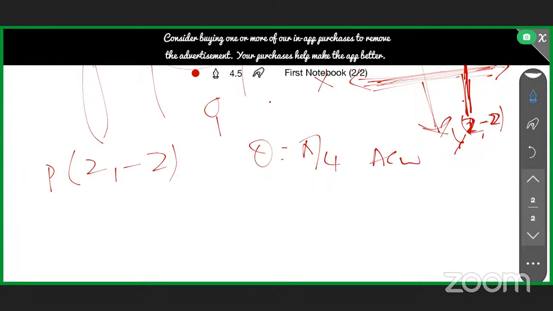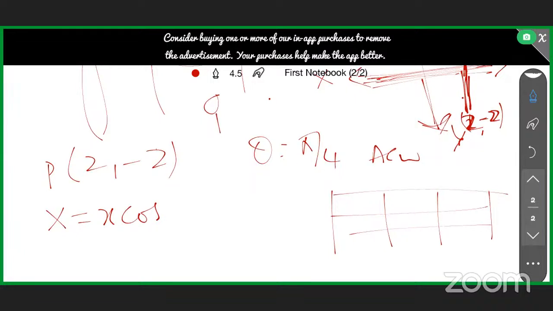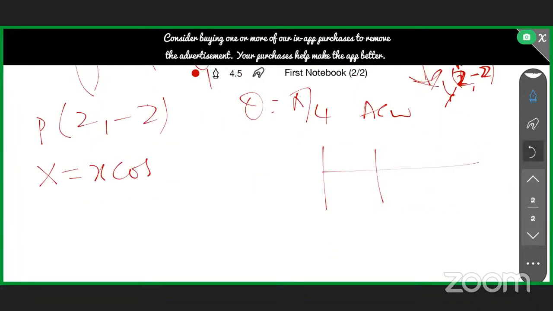Therefore, what happens? Sorry, before that, my capital X will become x cos theta. You remember that table we wrote the other day? So I'll write the table, so you don't get confused.